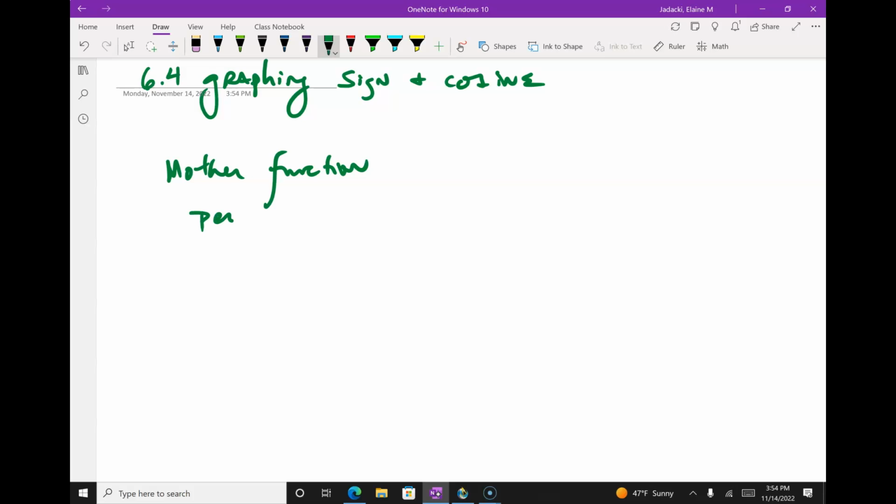The period is 2 pi, which makes sense because it's just moving around a circle, right? The range is all reals, and the domain is all reals.